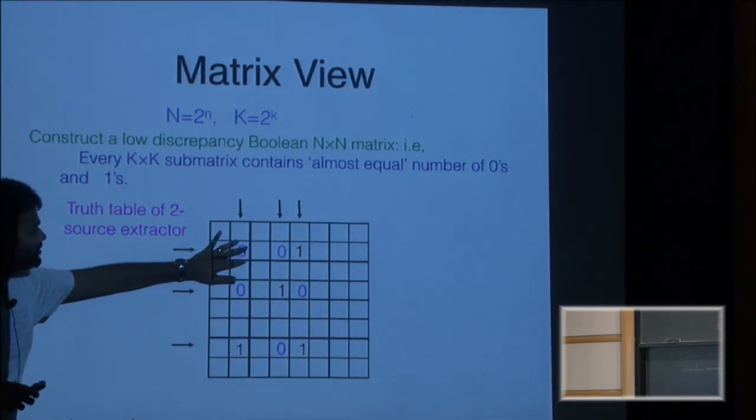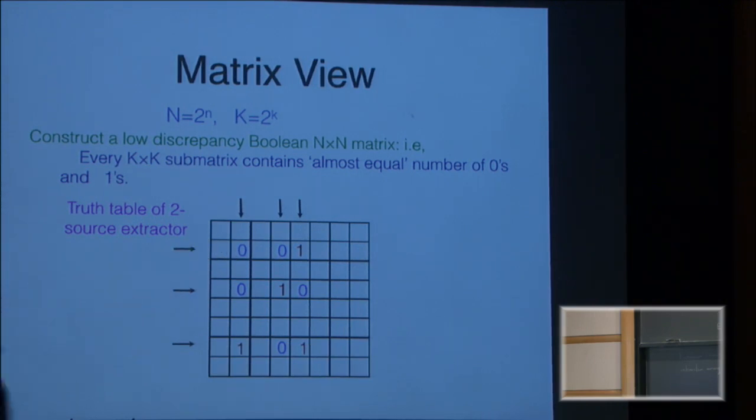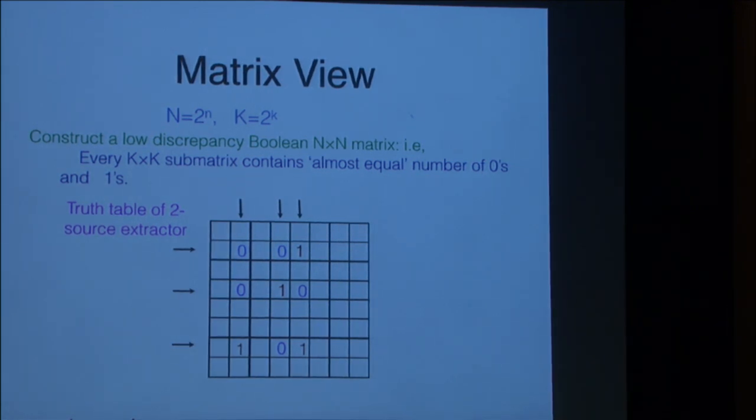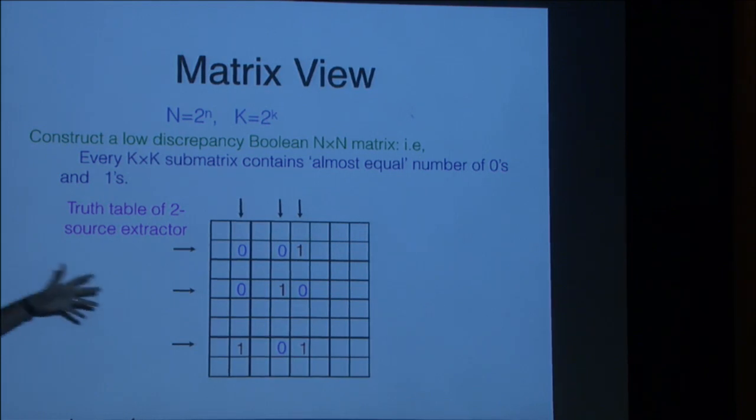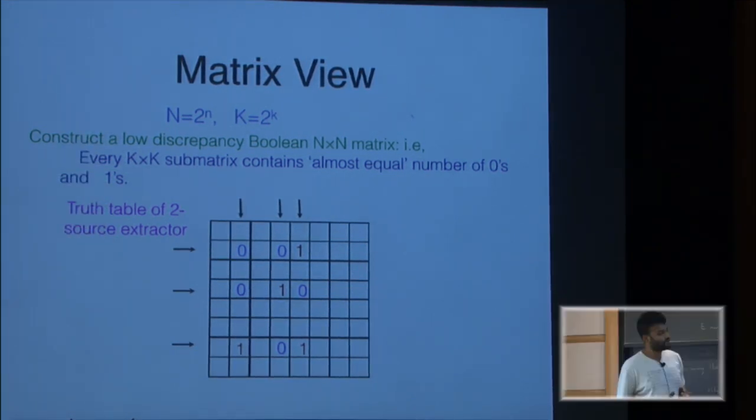Each entry is just the output of the extractor. Now if your extractor works for min entropy little k, then one thing it implies is that if you look at any capital K rows and capital K columns, roughly half of these entries are going to be 0 and half are going to be 1, right? So it's a nice structure to have on these matrices.